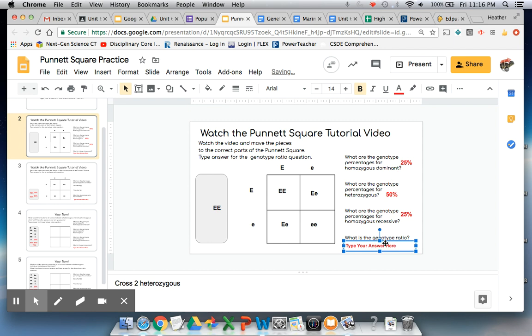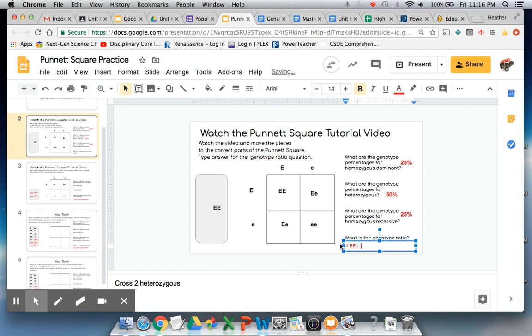Okay. If you're looking to put the genotype ratio, you're going to be using numbers and genotypes. So how many boxes have the homozygous dominant? It's just 1. So you'd put 1 homozygous dominant, or 2 capital letters.